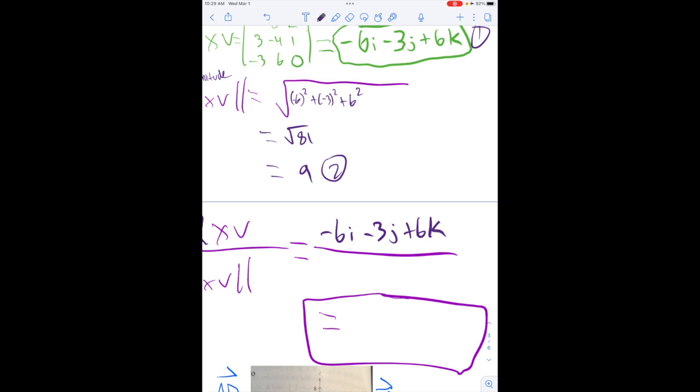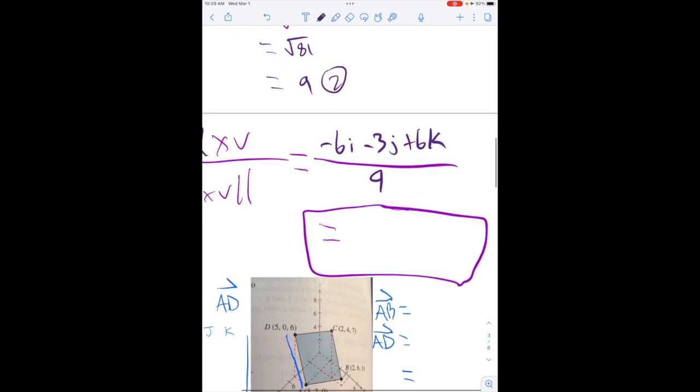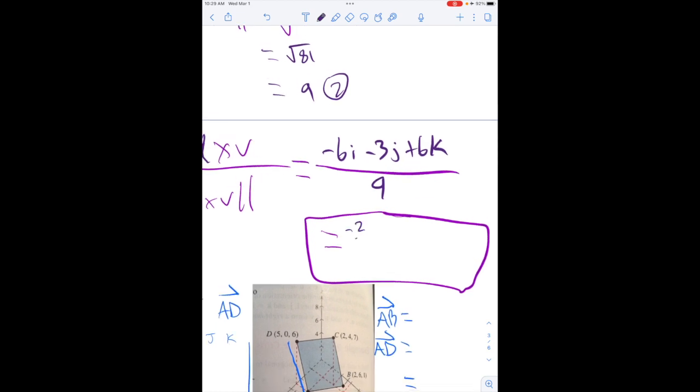Again, this answer over this answer, top and bottom. And then we can factor this out, simplify it slightly, and get negative 2/3 I minus 1/3 J plus 2/3 K.